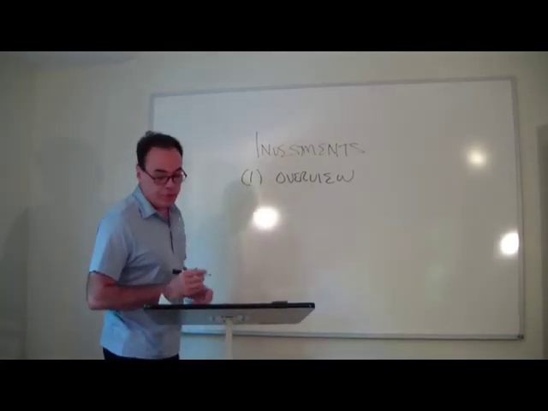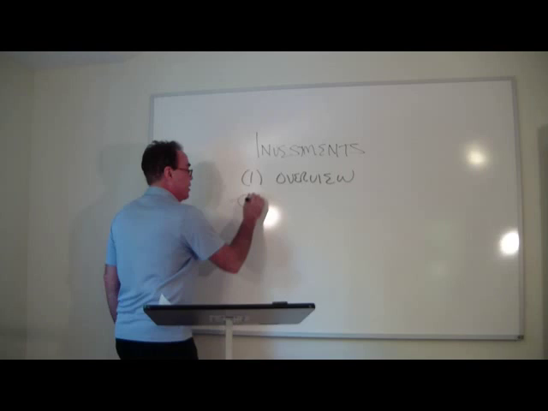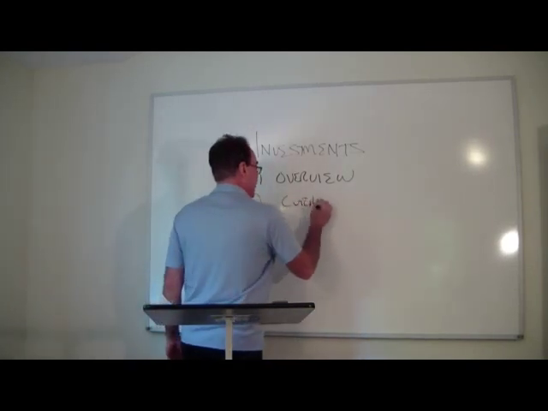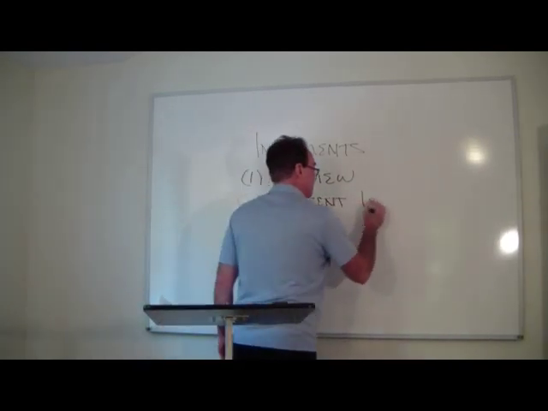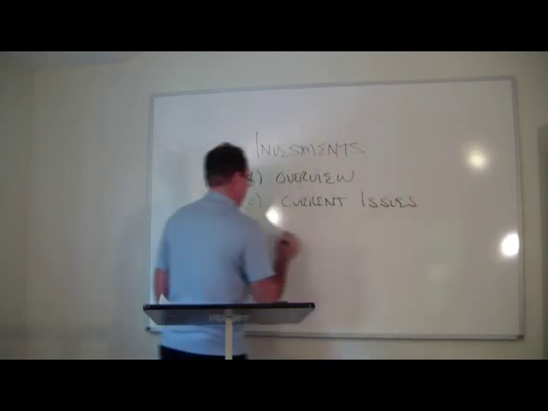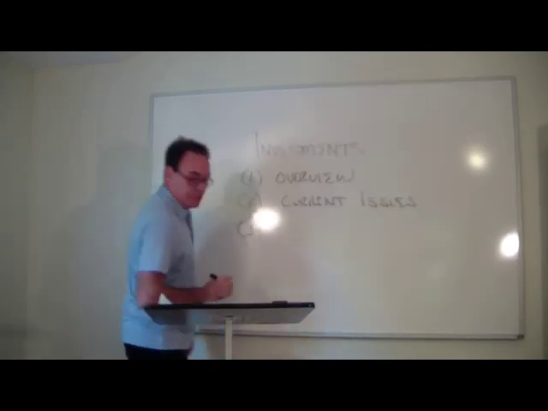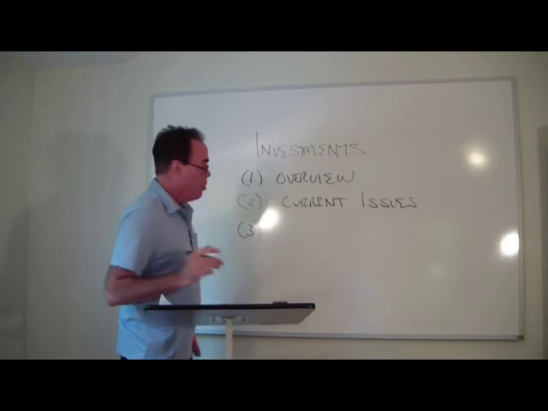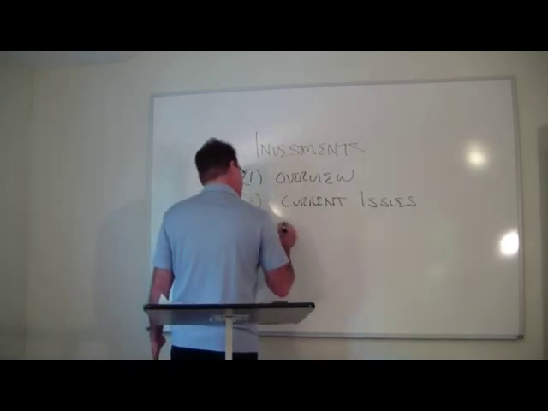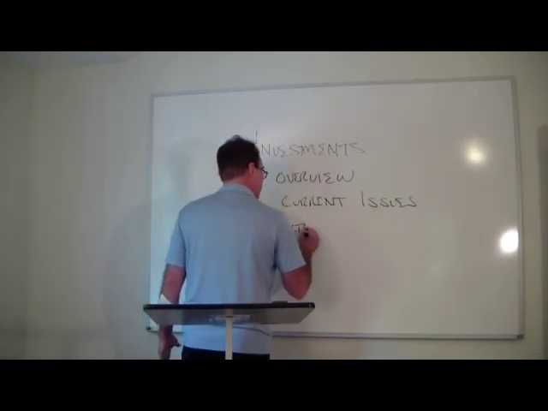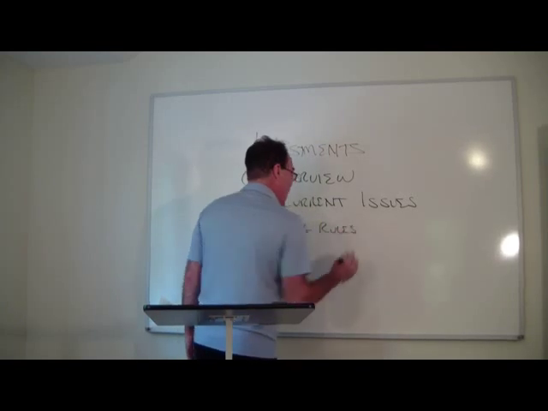So we'll start with this overview, then we're going to turn and look at some of the current issues that we face. And then the third section is going to focus in on the specific accounting rules that we're dealing with now.